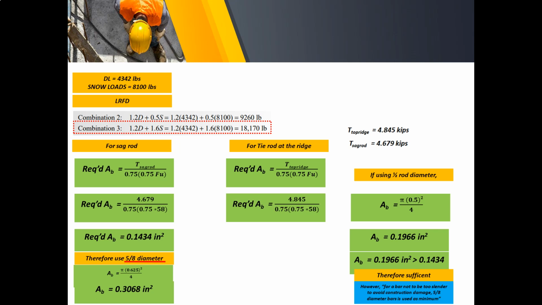So the required bar area will be equal to 4.845 all over 0.75 by 0.75 by 50. Therefore, we can arrive at 0.1485 square inches. Just the same, we use 5/8 diameter, even though 1/2 rod diameter is appropriate.